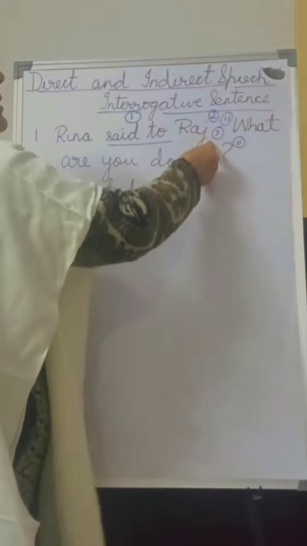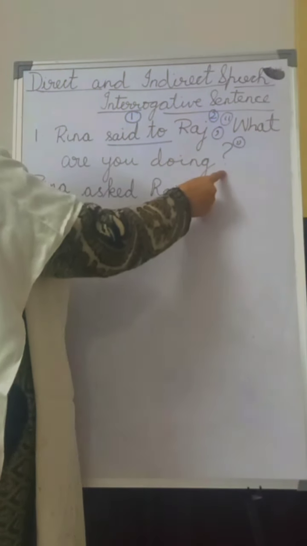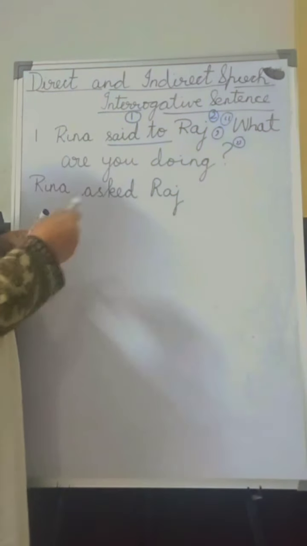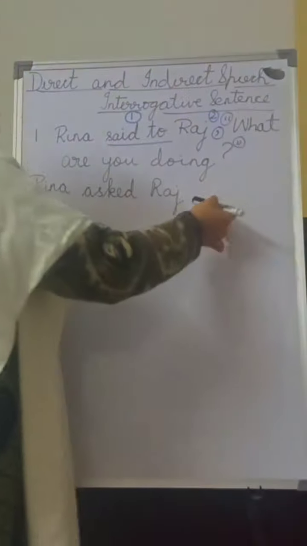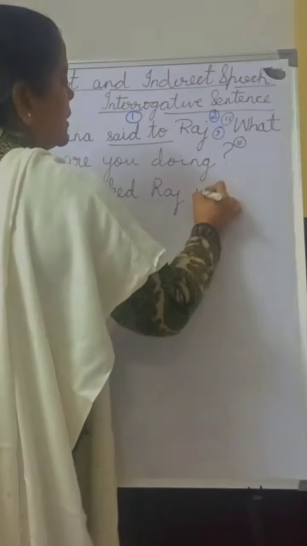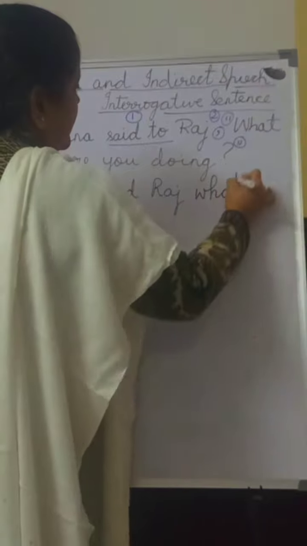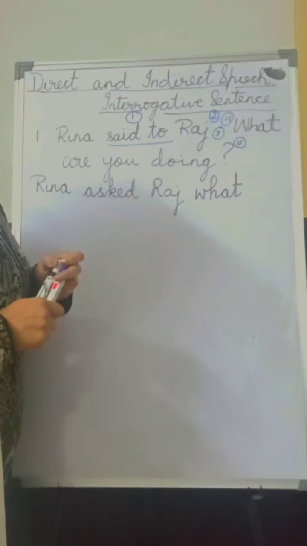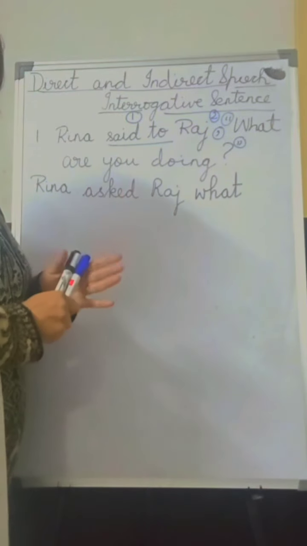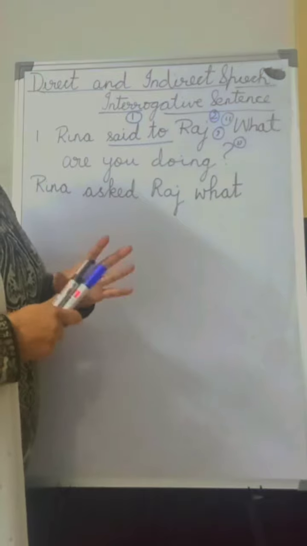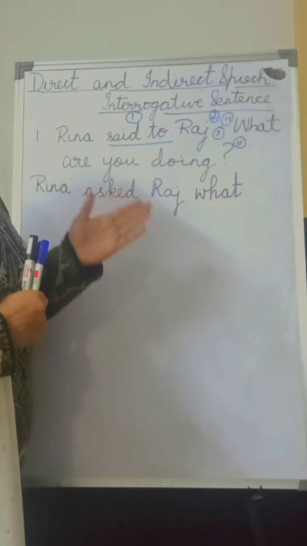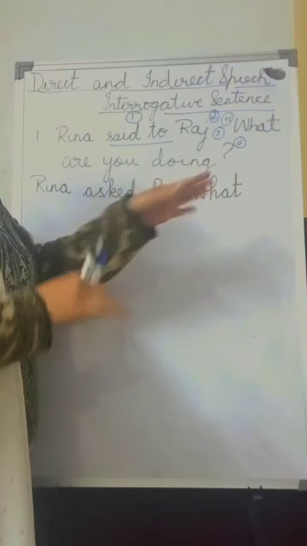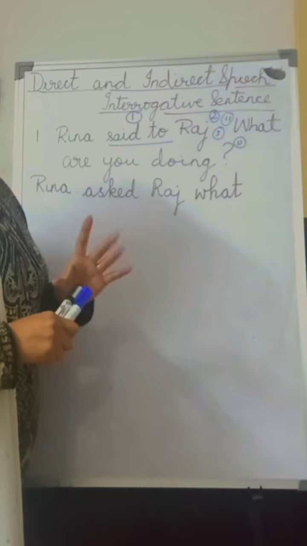Alright. So what is the second step? When the sentence is in interrogative form, we will remove the comma and inverted commas, and we are just going to copy the question word what in small letter. Alright. What. Now, a very important thing which you have to follow. When we change an interrogative sentence to indirect speech, first we have to change that sentence into a declarative sentence. Means we have to make that interrogative sentence a simple sentence. So how will we do that?